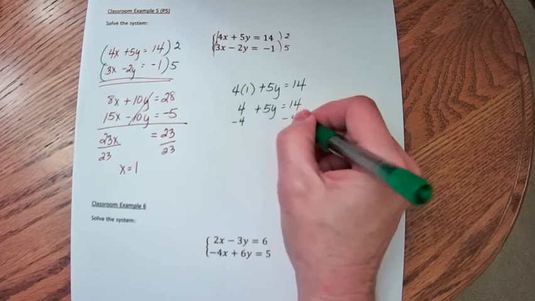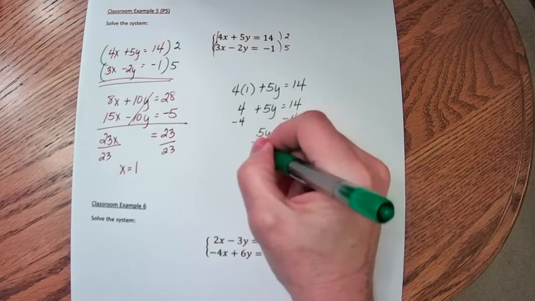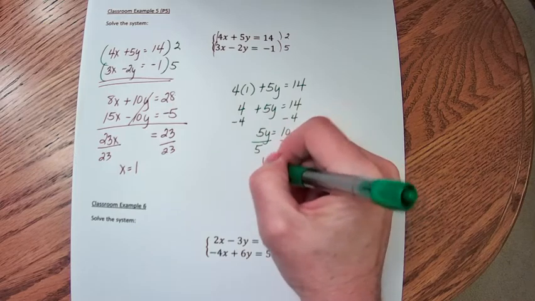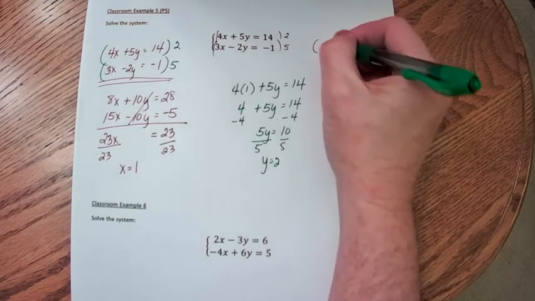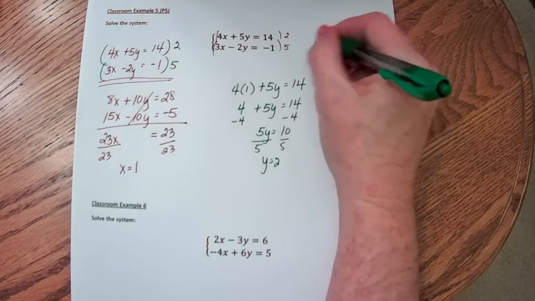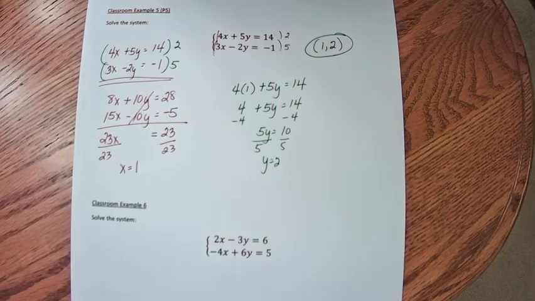And let's subtract 4 from both sides, and I get 5y equals 10. Divide both sides by 5, and I get y equals 2. So there is a single solution to this system, and it is the ordered pair 1, 2. X is 1, y is 2.